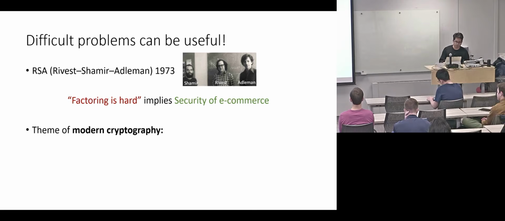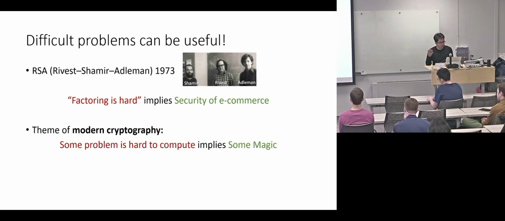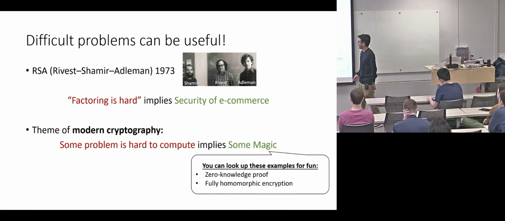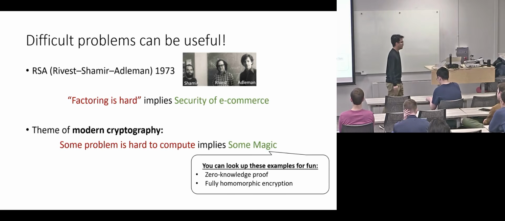So that's the theme of modern cryptography, and basically whenever some problem is hard to compute, it usually implies some magic that you can exploit. I will not go into this that much, but if you want to know what kind of magic you can do, you can look up what is zero knowledge proof, or what is fully homomorphic encryption.